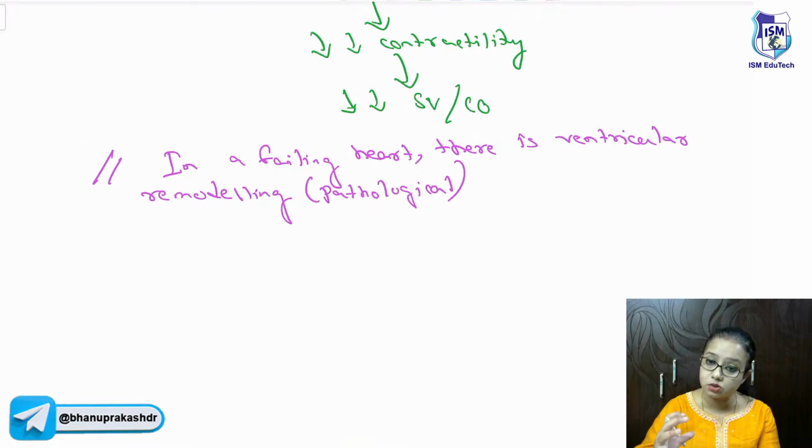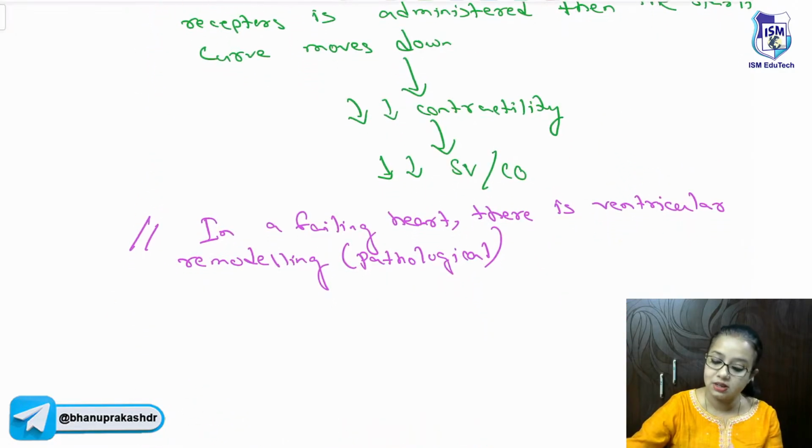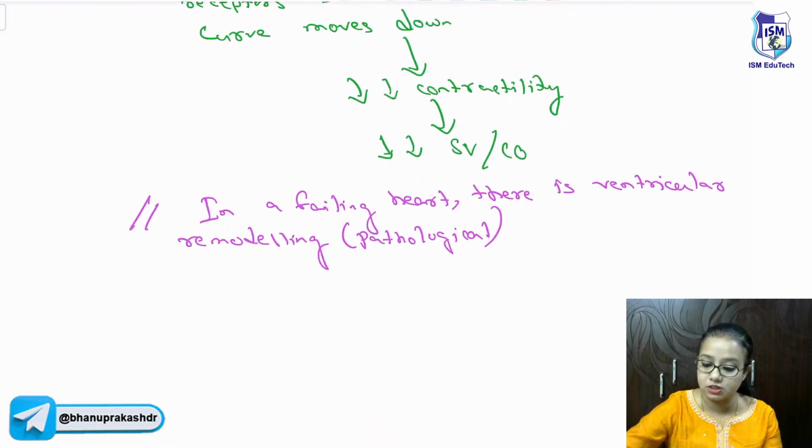So I must work more forcefully so that I can contract more forcefully. In doing that, the workload increases and the point shifts from N to N3, which makes the heart do a tougher job. So this is called ventricular remodeling, which is pathological. Now here what happens, usually what did we study?